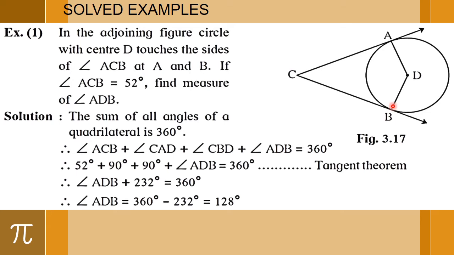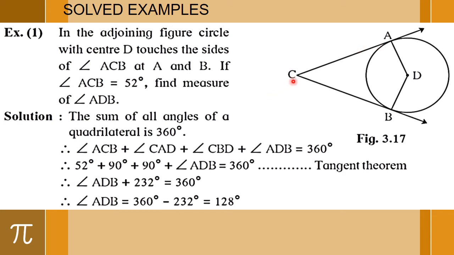Now here if you see, ADBC is forming a quadrilateral. Quadrilateral means a four-sided figure. Okay, and by the angle sum property of a quadrilateral, the sum of angles of a quadrilateral is 360 degrees. Just like in a triangle the sum of angles is 180 degrees, whereas for a quadrilateral the sum of angles is 360 degrees.